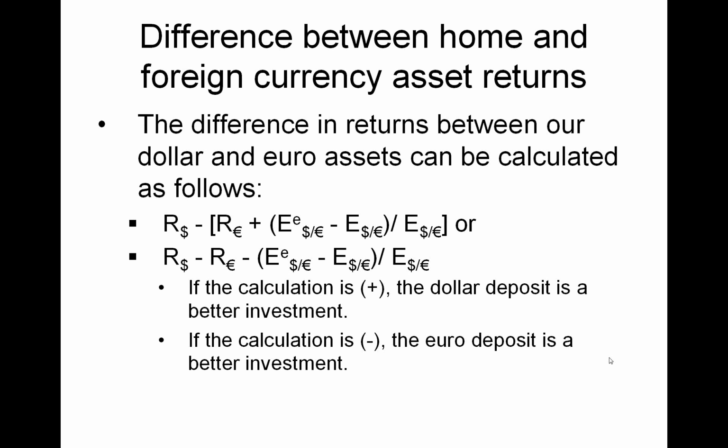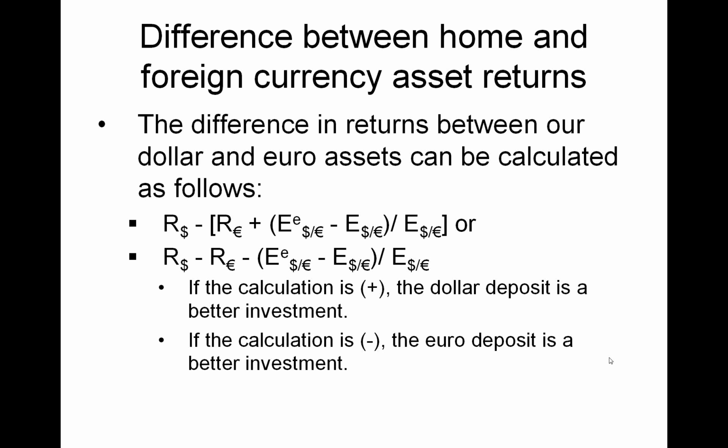We can also calculate the difference between the home and foreign currency asset returns. The difference in returns between our dollar and euro assets can be calculated as follows. We have the rate of return for the dollar minus the expected rate of return for the euro account, which is the rate of return on the euro account plus the rate of depreciation.